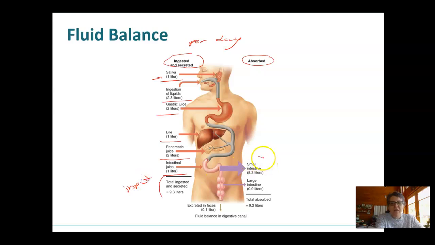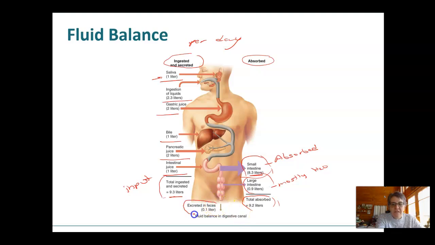So everything that's your input is 9.3 liters. Now look at this: 8.3 liters is absorbed. And in my large intestine, I absorb another 0.9 liters of mostly water. Right, so total absorbed is 9.2 out of 9.3.